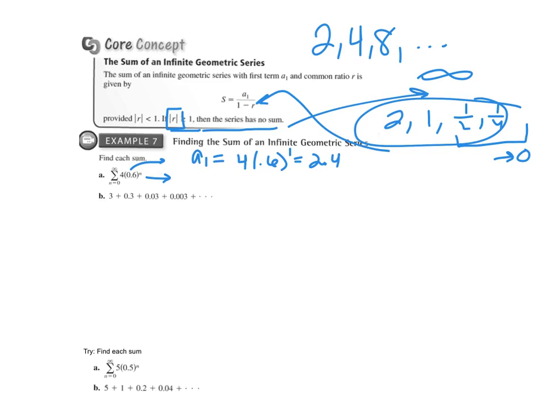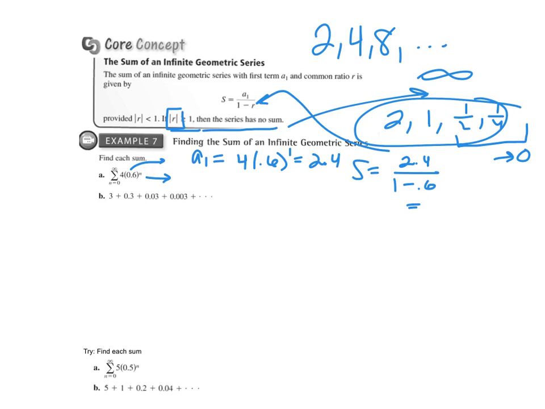That's your first term. So we would plug that in: 2.4 over 1 minus your ratio, and your ratio here is 0.6. The formula is pretty straightforward. You just have to be careful and only use it when your ratio is between 0 and 1, basically.